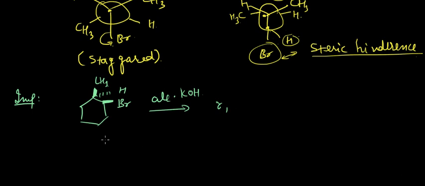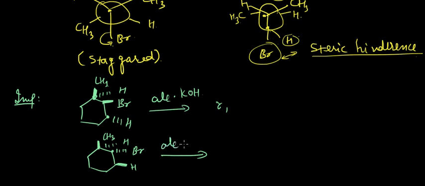And on the same side, there are two alpha hydrogens which can be present, this one and another one. And if we have something like this, H is going inside the plane, and luckily this Br is also going inside the plane, and this H is coming outside the plane, and we react it with the same reagent and get the rate R2. So which between R1 and R2 would be greater? Obviously R1 would be greater than R2.